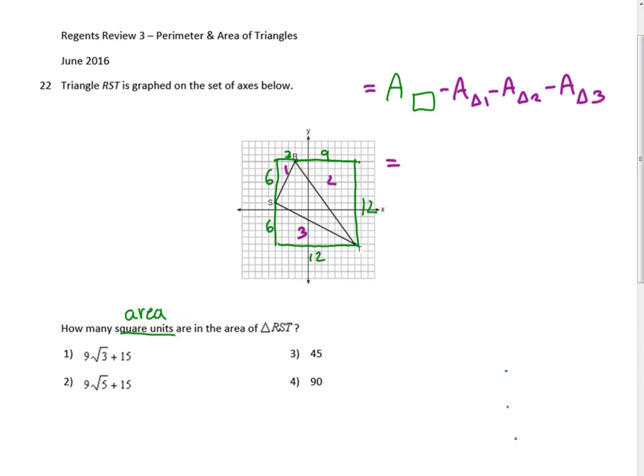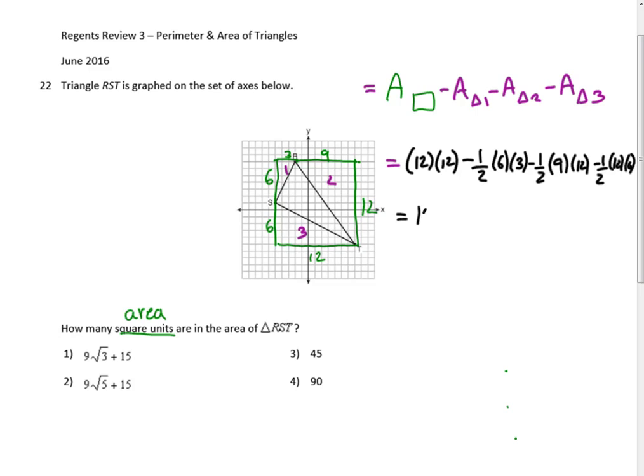The rectangle is really a square, so that's 12 times 12. Now triangle 1, the area of a triangle is 1/2 base times height. Because we made a rectangle, we've got right angles. That's why our base and height are 6 and 3. So for triangle 1, it's 1/2 times 6 times 3. Triangle 2 is 1/2 times 9 times 12. And triangle 3 is 1/2 times 12 times 6.